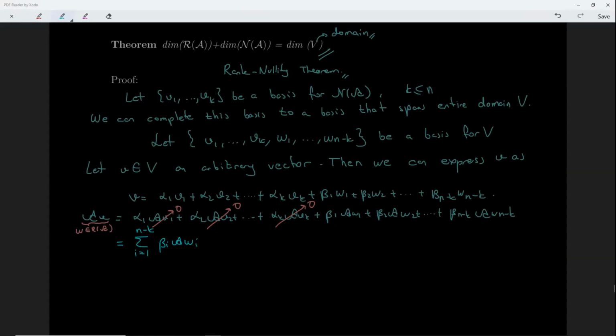All right, as you see, I'm going towards claiming that if these Aw1, Aw2, and Aw n minus k were linearly independent, then I could claim that they also form a basis for the vectors in the range space of A, because I was able to write arbitrary vectors w as a linear combination of them.